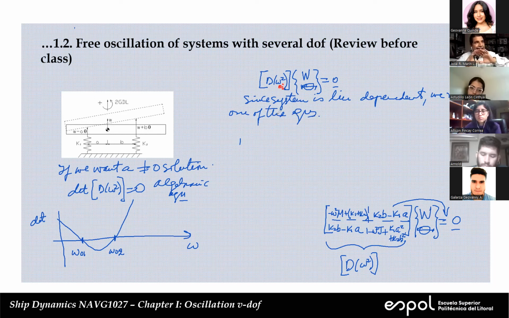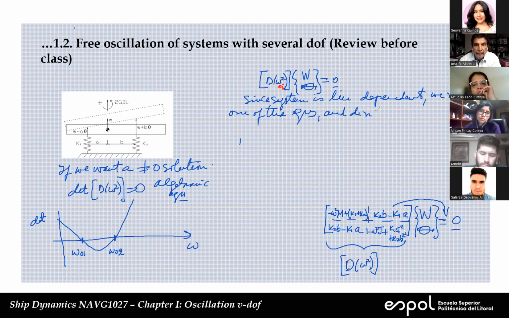We accept we cannot calculate W and theta. Why not? Because there's not enough information. So we forget about the second equation. Now you say, hey, wait a minute, we have two unknowns and only one equation. We cannot solve it. I know. So we have to do something extra.